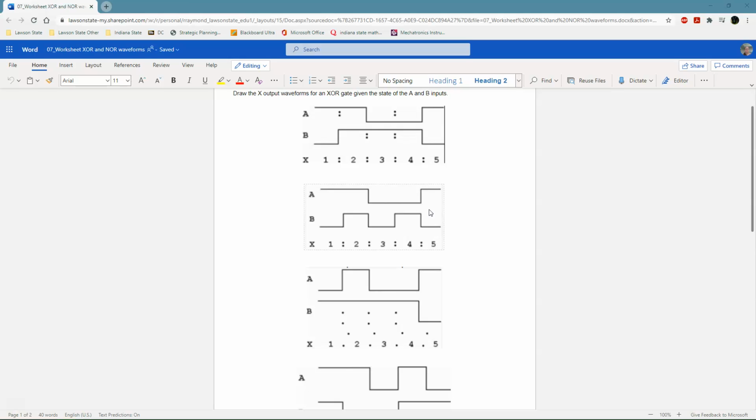Yes, ma'am. So in this case, how would the X output waveform look? So for the second one, if we had to draw it, how would that drawing look? Okay, so let me go back to a whiteboard here.